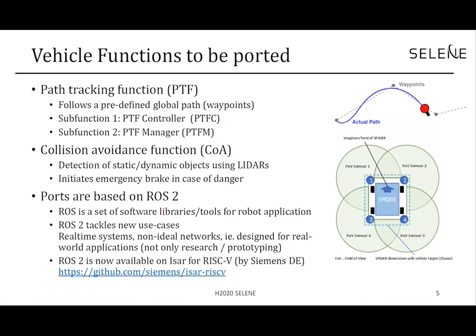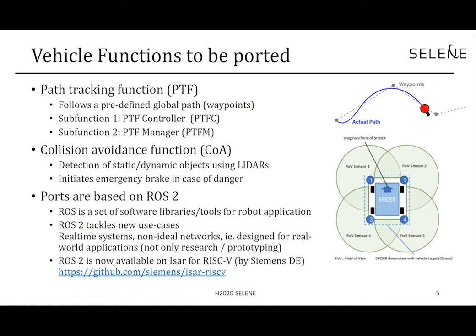I talked about two vehicle functions we want to port on the SELENE platform, and here are some details. On the one hand, we want to port the path tracking function, which enables the Spider to follow a predefined global path. It's more or less a waypoint follower. This function is decomposed into two sub-functions: a path tracking function controller, which is safety critical, and a path tracking function manager, which is security relevant due to its openness to the world, to the operator.